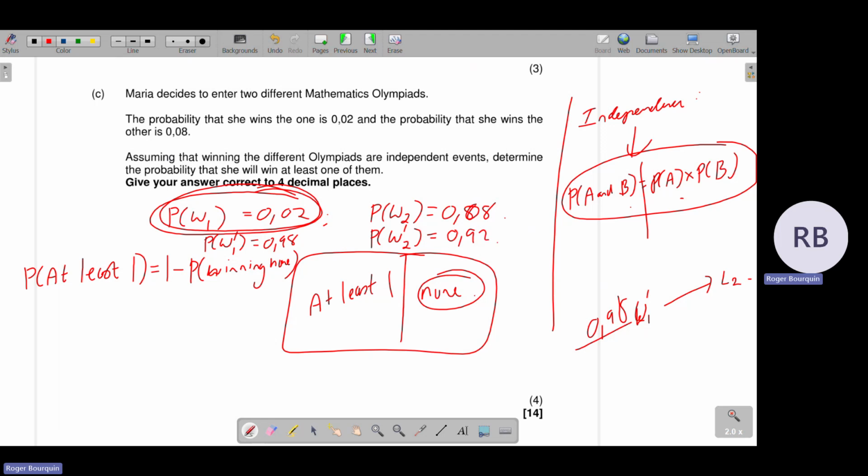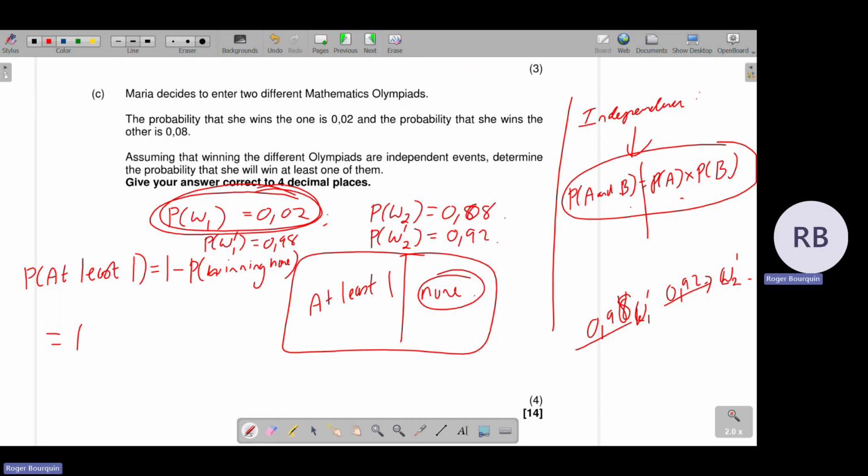Not winning both, you're going to times them together, because they're independent. Not winning the first one is 0,98. Not winning the second one is 0,92. For both of them to happen, you have to multiply the probabilities together.